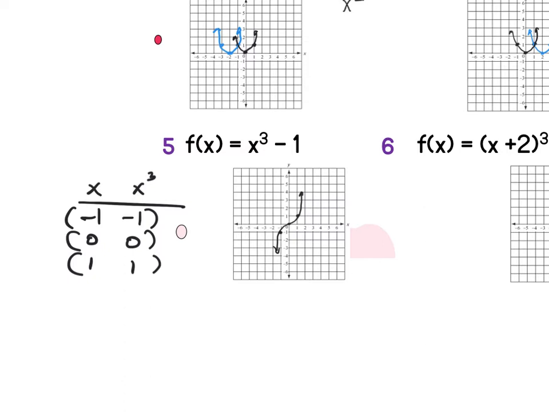The 1 is not in a grouping symbol. So this tells me I'm going to be shifting all 3 of my points 1 unit down. So when it's up and down, it's what you think, whatever sign is there. Pretty good?